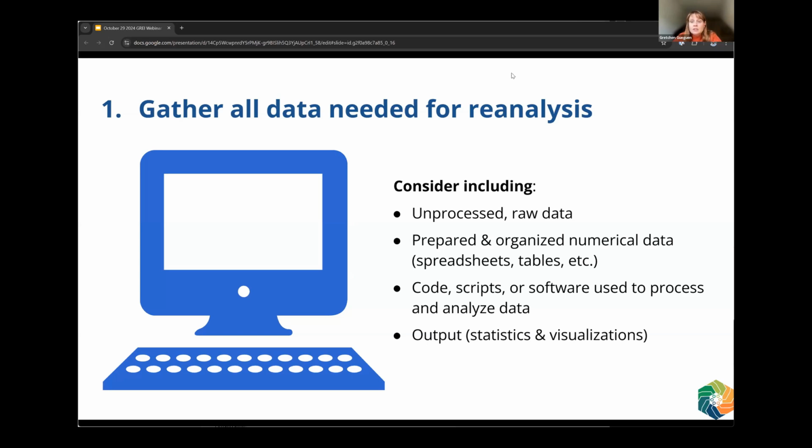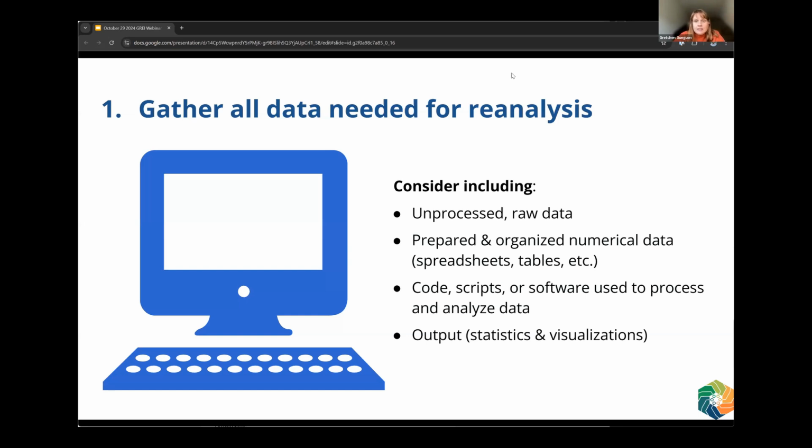But processed data is also important to include because it is cleaned, formatted, and organized. Programming scripts and other parts of processes and scripts are also very important. That ensures that someone can reproduce your results using the data. And you should add any informative comments directly into code and scripts to help users understand it.